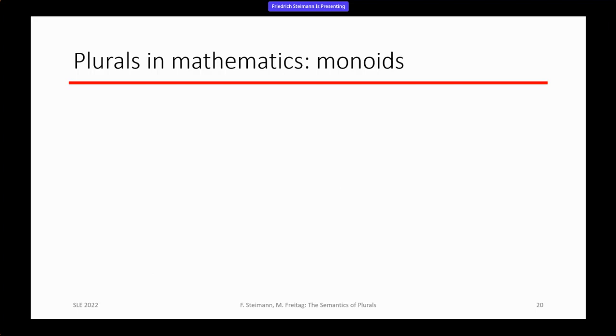Finally, in mathematics, there's one structure that is very important to computer scientists, actually, which very closely relates to the artificial language that we had in the beginning with regular expressions and context-free grammars, and this is the string monoid. The string monoid is comprised of a monoid operation, concatenation, an empty string, epsilon, and then the sigma star, which is the Kleene star.